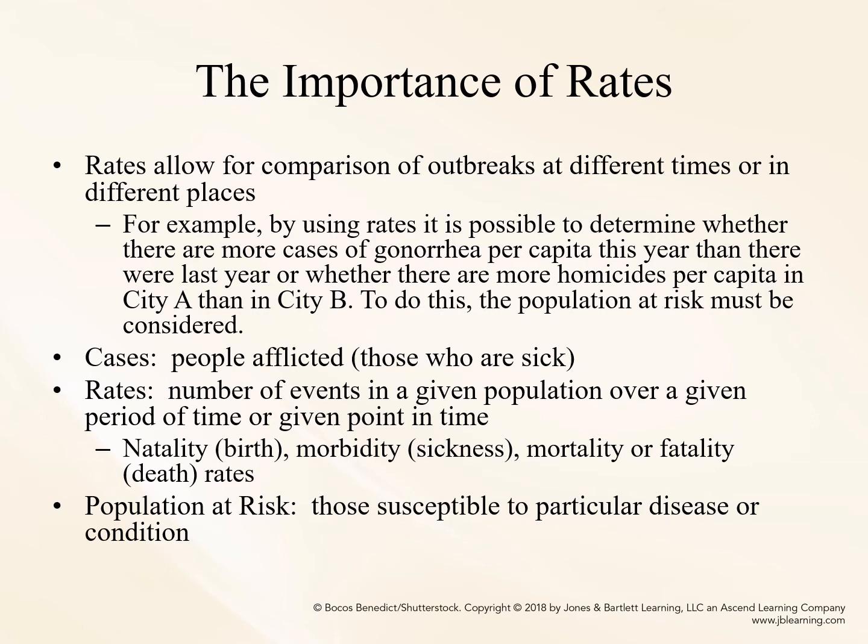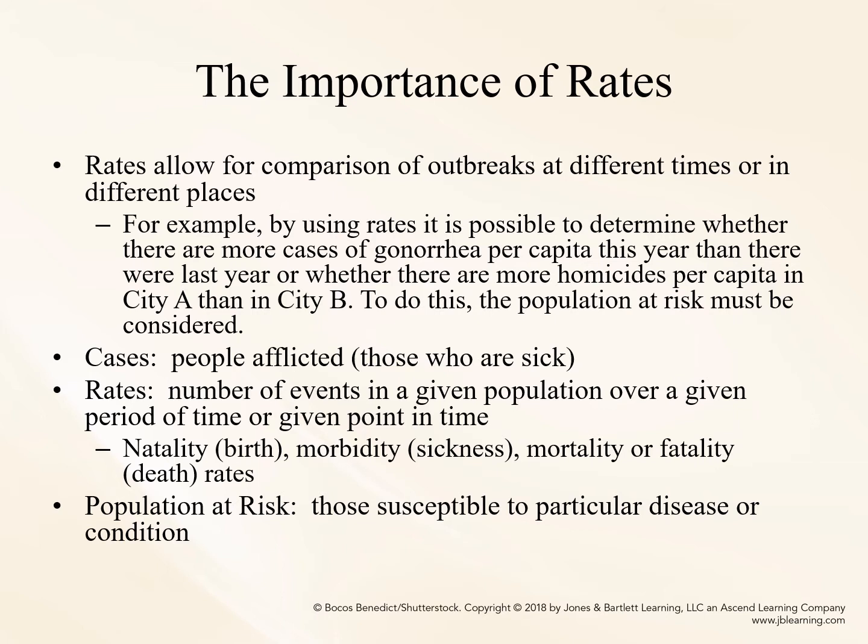Okay, so the population at risk means that you have to be able to get the disease or the condition. Okay, so for example, a really simplified example is I cannot get into a car accident if I never enter a car, right? I have to be in a car to be in a car accident, okay? I have to have a uterus in order to get uterine cancer, okay?